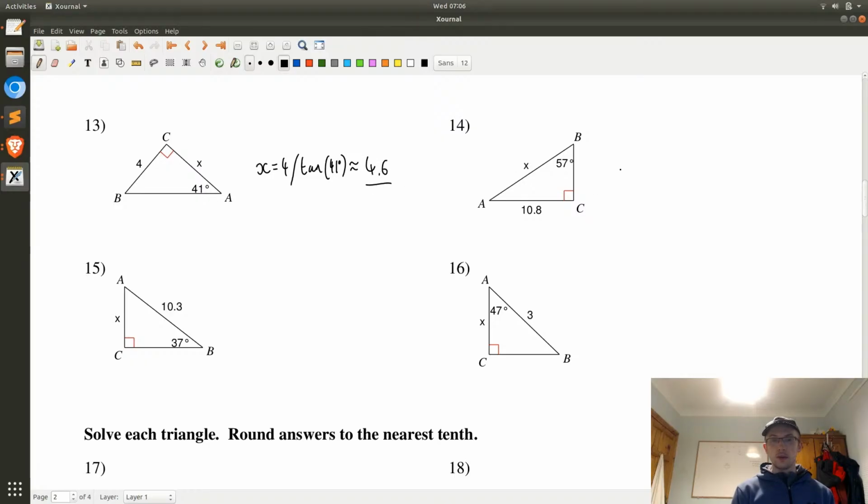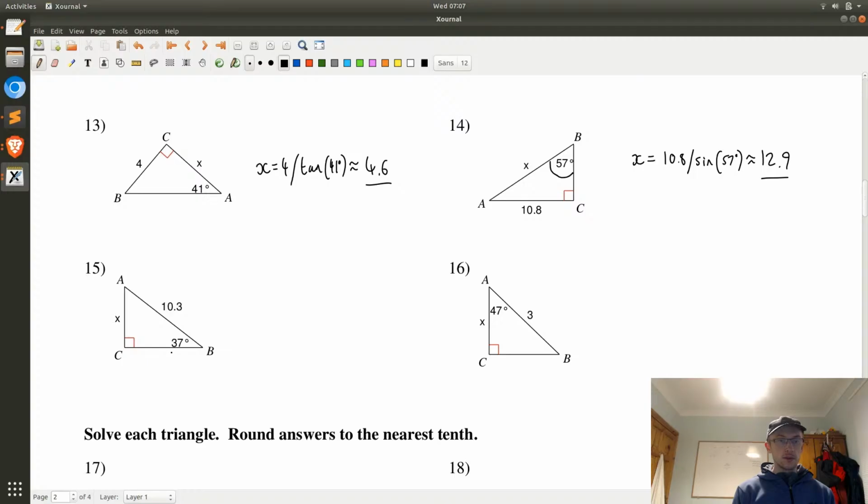Next, who's involved? Opposite and hypotenuse. So sine of 57 is 10.8 over x. So x is 10.8 over sine of 57, or about 12.9.